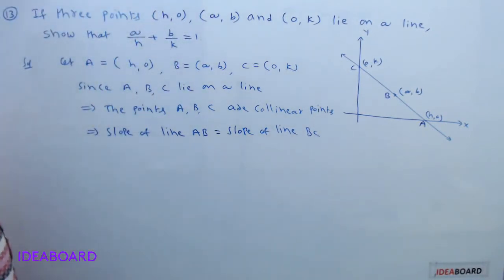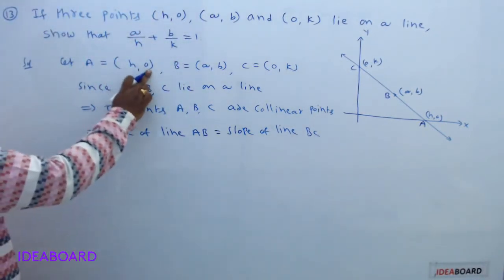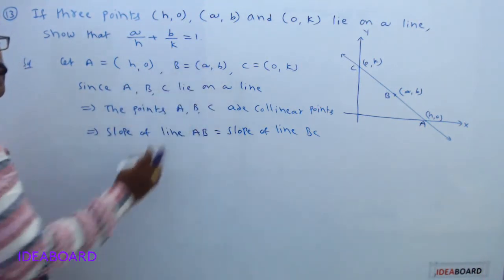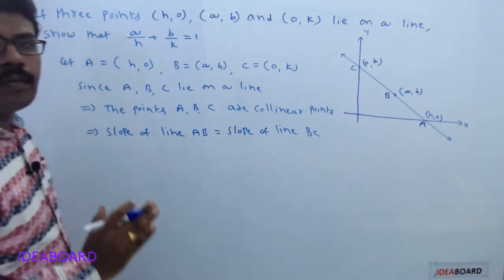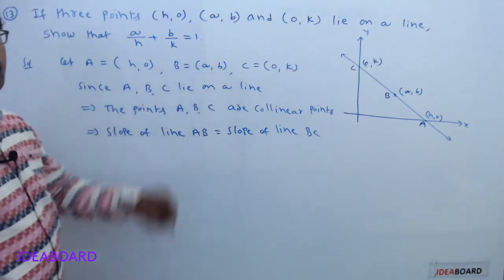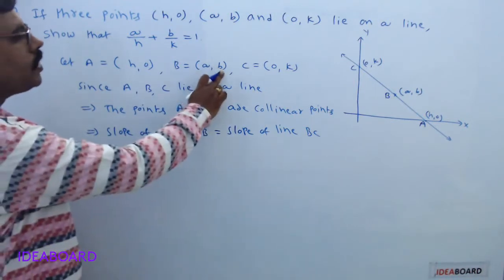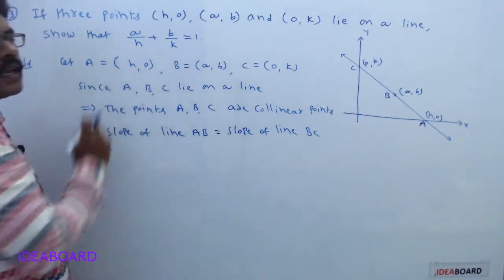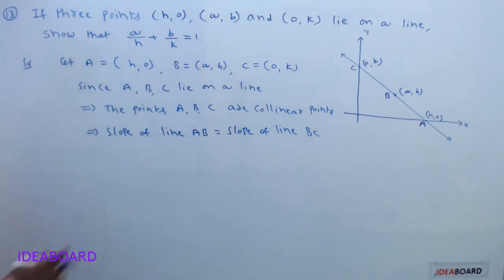Slope of line AB: consider this point as x1, y1 and take this point as x2, y2. Slope of a line passing through the points x1 comma y1 and x2 comma y2 is y2 minus y1 divided by x2 minus x1. So use that slope formula.